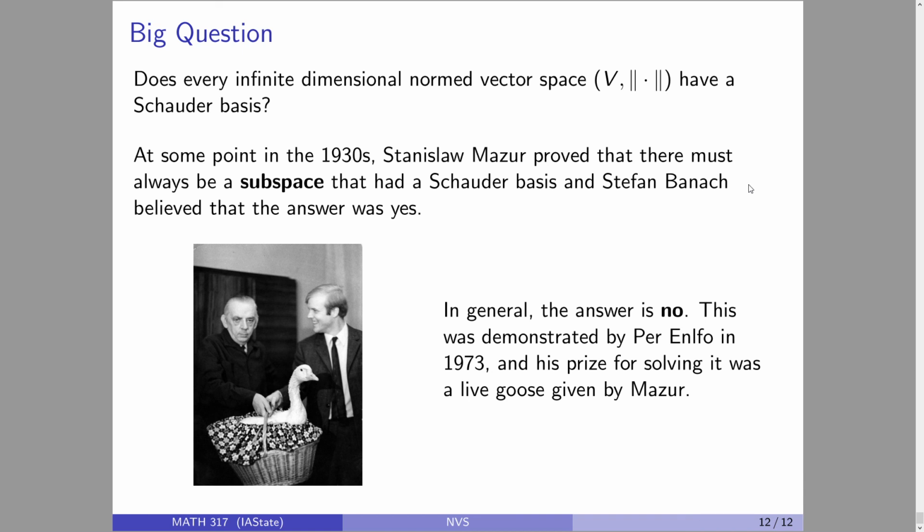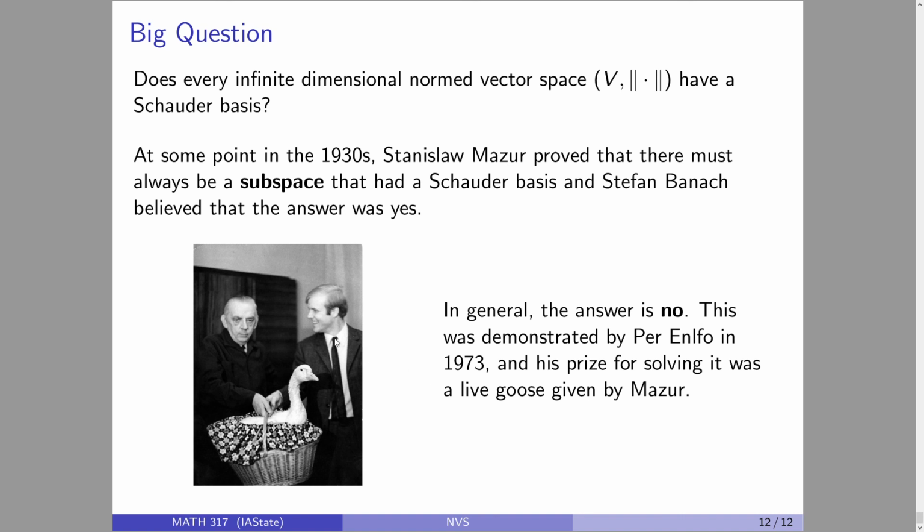He came in and basically said, "Hey, all those problems you thought were true, yeah, no, they don't work." So yeah, a very famous paper by Per Enflo. He constructed the example showing that yeah, there's a subspace that works, but there couldn't be one for the whole space that worked. And as per Mazur's notes in the Scottish Book, the prize was a goose.